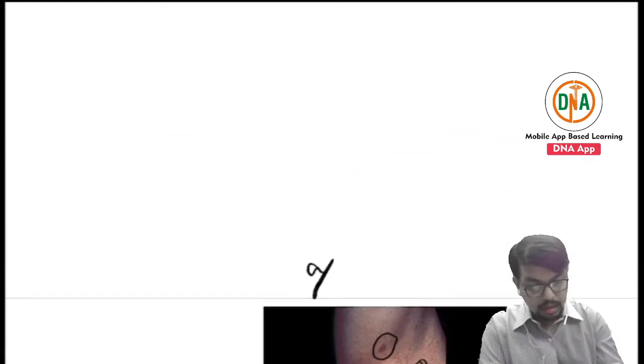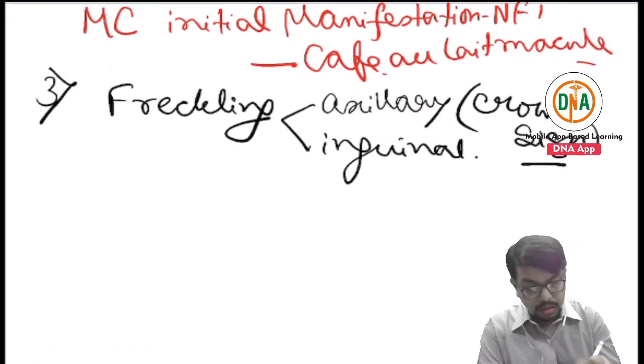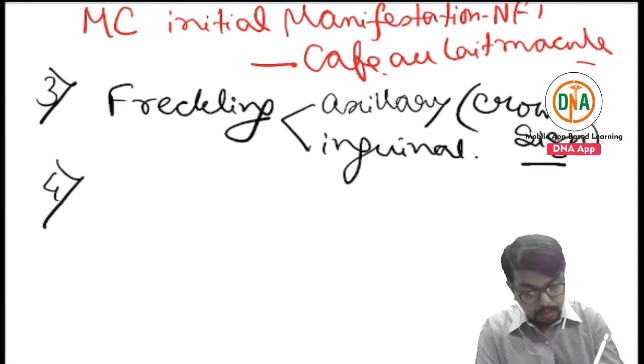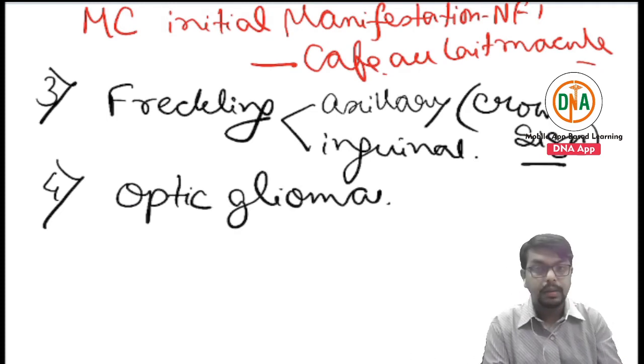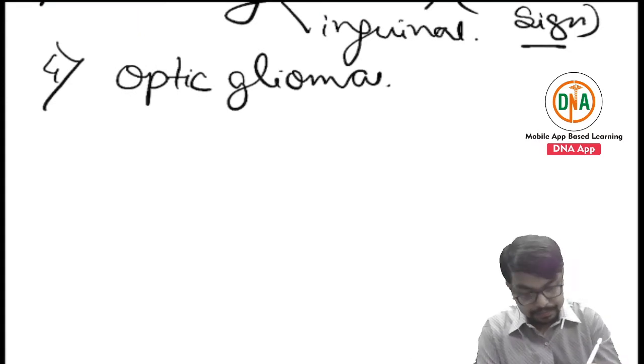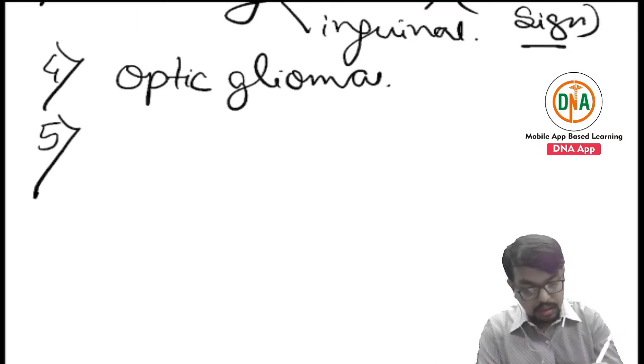Next is optic glioma. If present, this is one diagnostic criterion. Next, Lisch nodule.